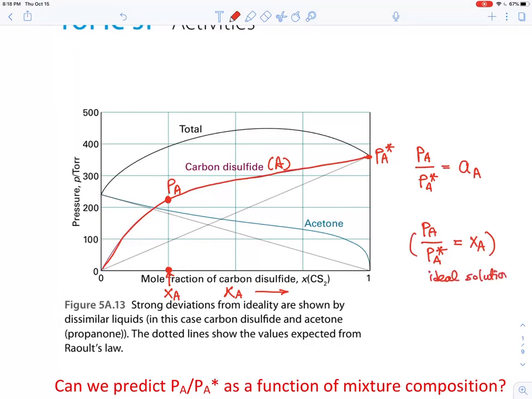And I told you that this is always true when XA goes to 1, which means A being the solvent. Okay? So that is where these things are following. This particular relationship is only true for this tiny little region. But for the entire range, we want to call this generic concept called activity.